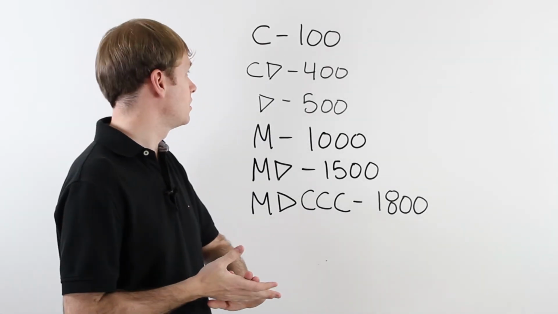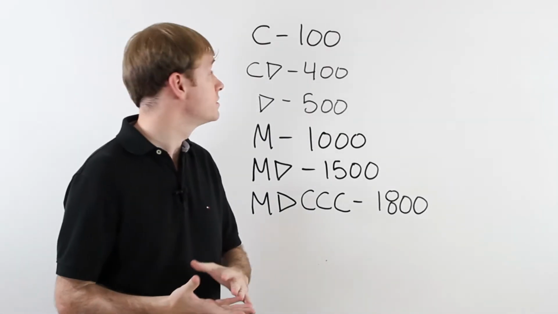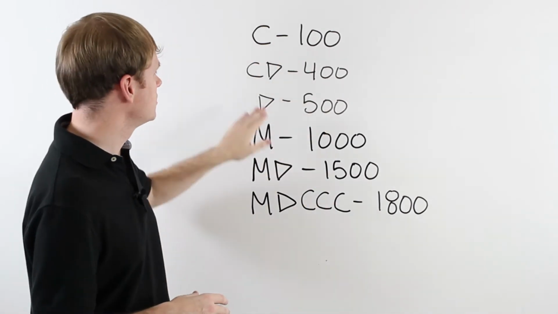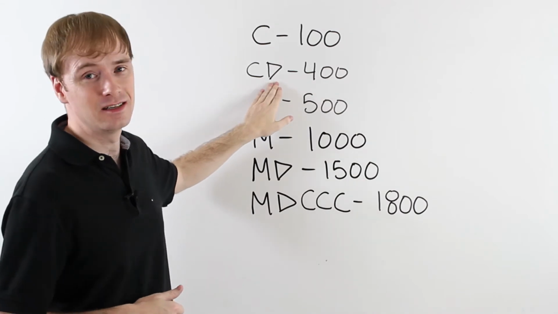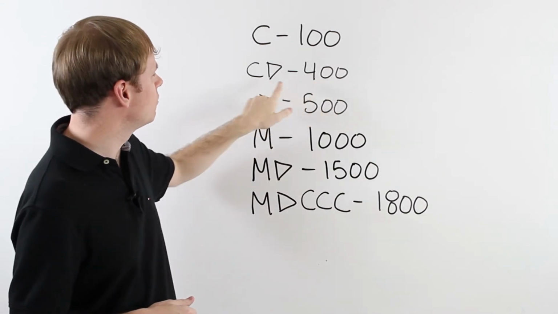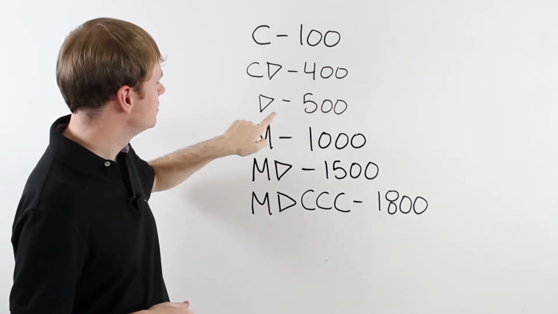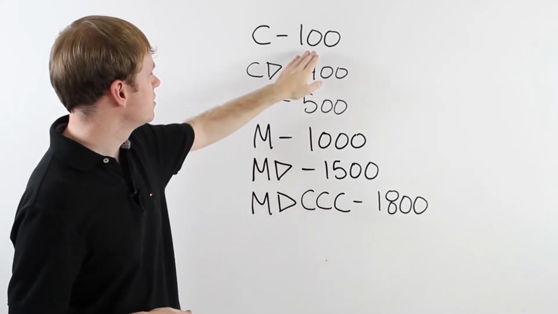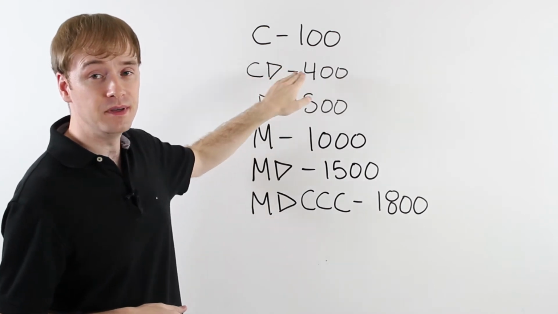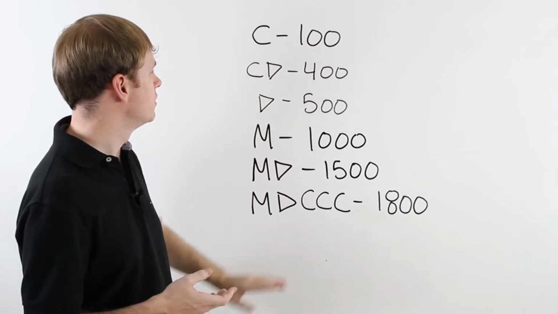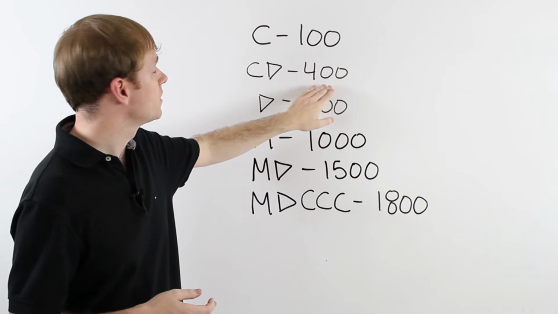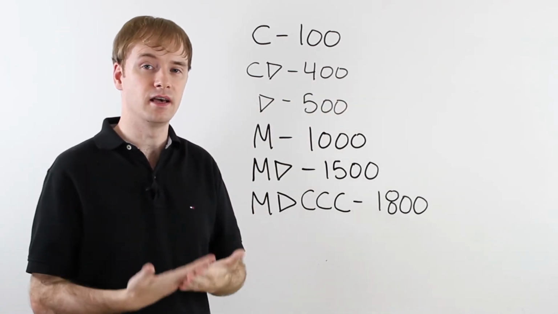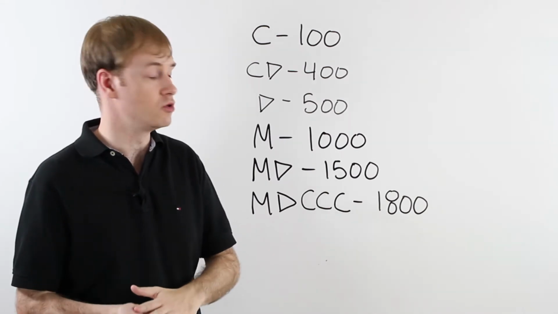Okay, so here are some bigger Roman numerals. Now we know C is 100. Let's go to this one, CD. CD is 400. Well, what is D? D is 500. So CD means 100 before 500. So that is 400. 500, D. M is the last letter we use in Roman numerals.